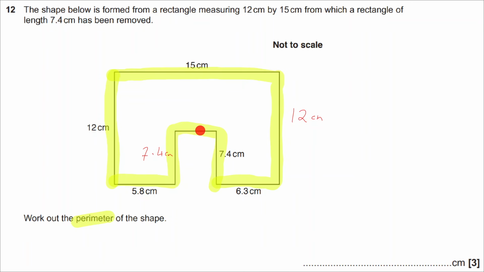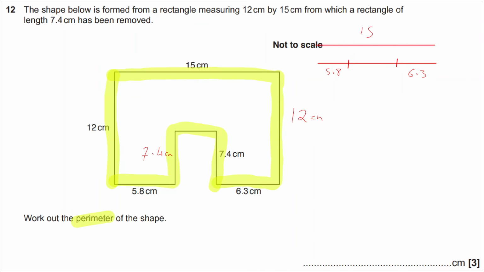Now, to get this part here, if the total thing over here is 15, so if we visualize this, if the total thing is 15, and you got rid of this one and got rid of this one, so we know that this is equal to 6.3, and this is equal to 5.8, and the whole thing is equal to 15.